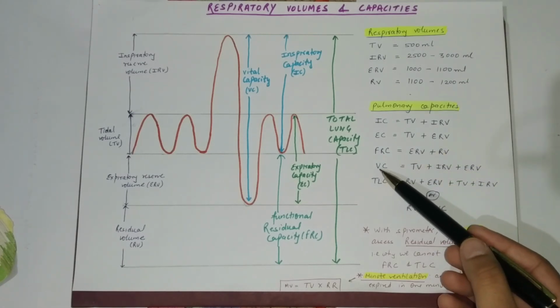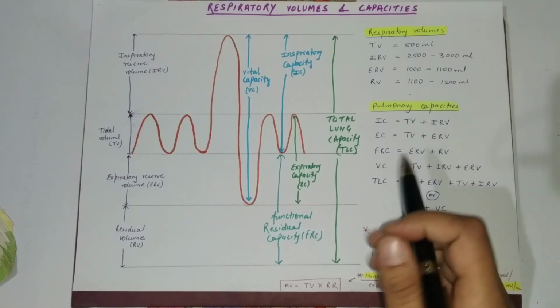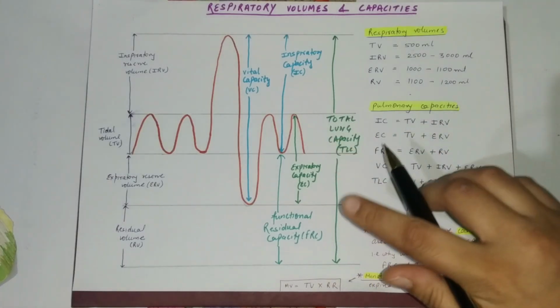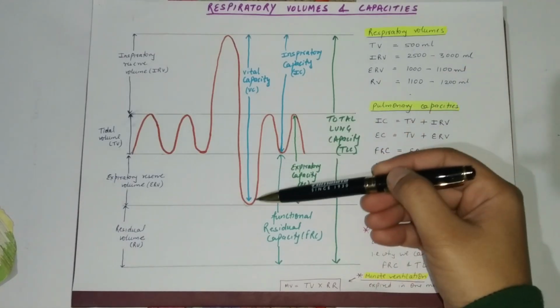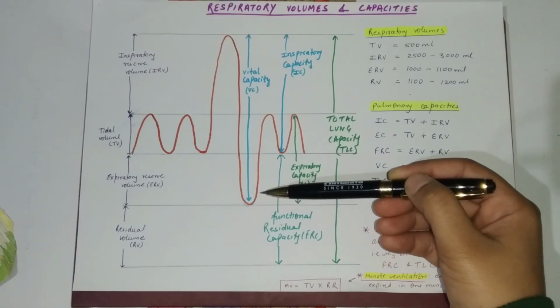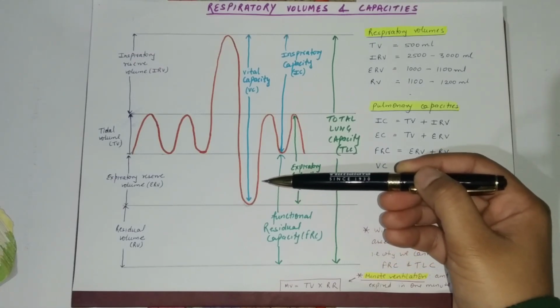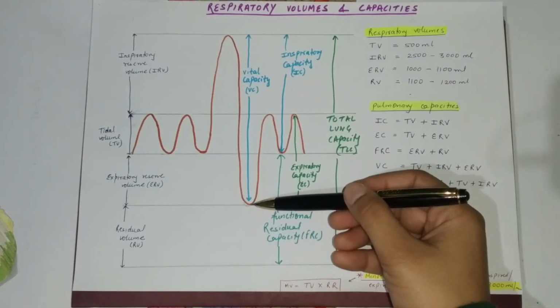Then we have vital capacity. Vital capacity is the maximum volume of air a person can breathe in after a forcible expiration. After a forcible expiration, we are at this point. Forcible expiration means the person has removed the tidal volume as well as the expiratory reserve volume. Only the residual volume will be remaining in the lung.